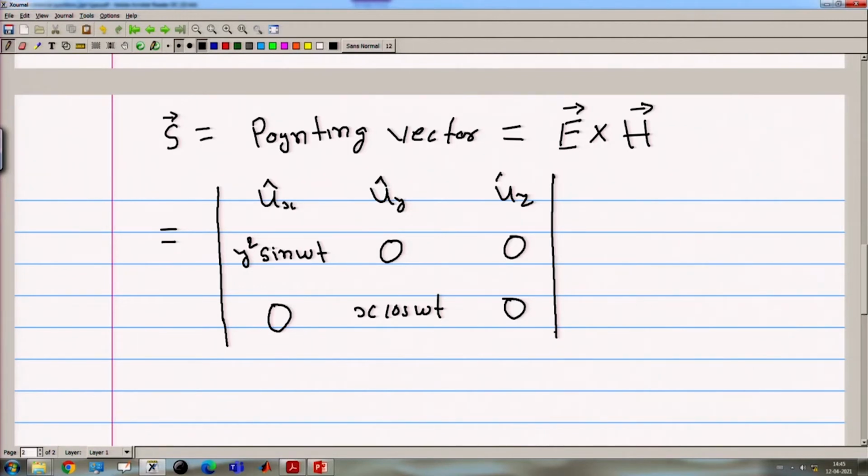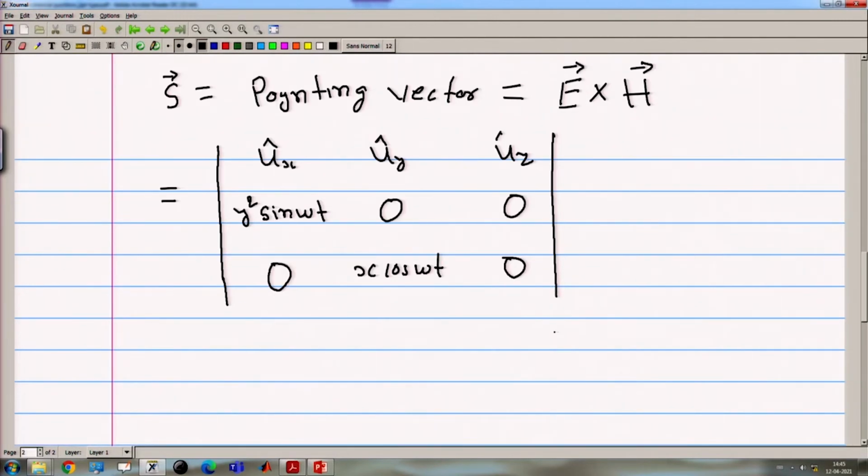So, we can solve this matrix. We will take U x: this minus this, 0 minus 0, so this will be 0. U y times this into this will also be 0.